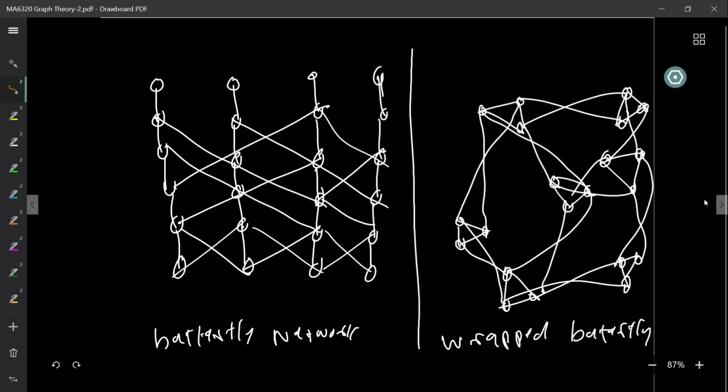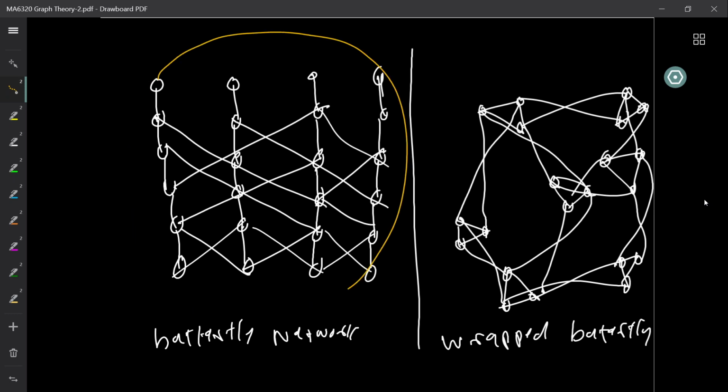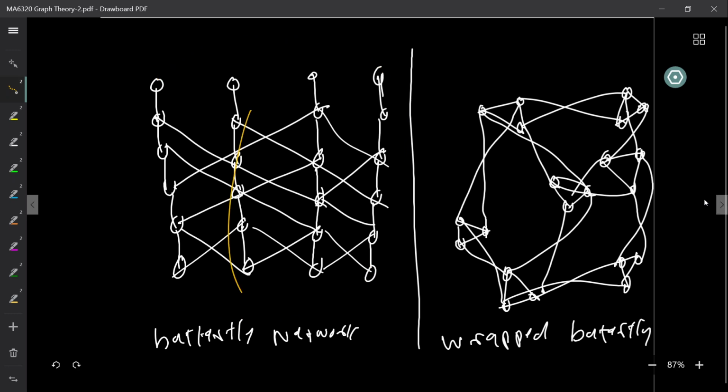And I mean, this is not a very reliable representation. It's quite technical to draw this. It will take a lot of time. I just drew some parts of the network actually. It is not complete, okay? So don't think that it is exactly the butterfly network. Then similarly, you have what's called a wrapped butterfly network.